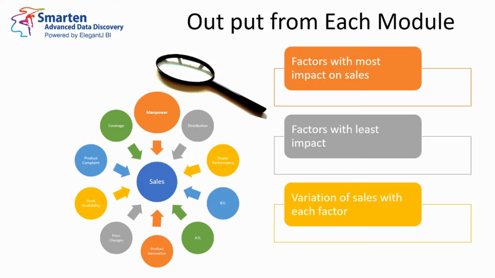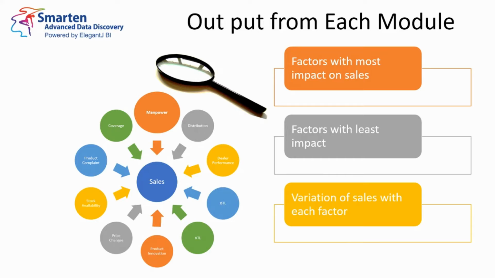In a more complex environment, you may have to build different data sets for different businesses, and then you bring the output from each of these data sets into a final data set on which you can run the analytics. So say, for example, manpower. You would have information about the manpower.